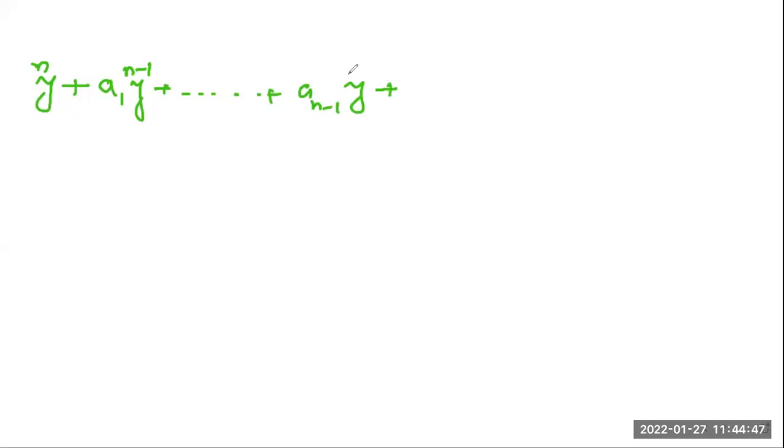y dot, the first derivative, correct. Then next plus a_n y, correct.